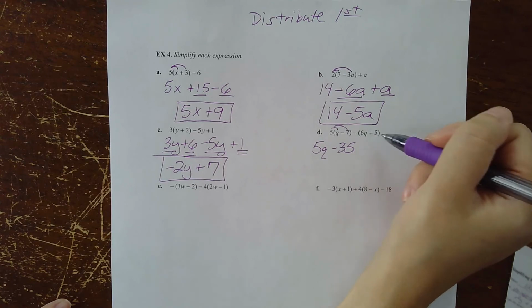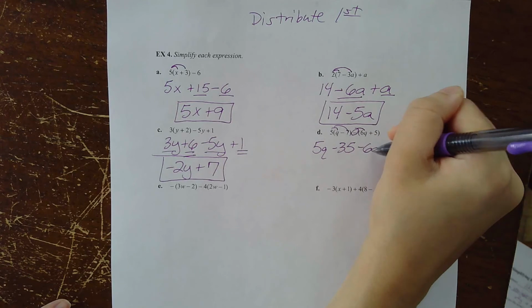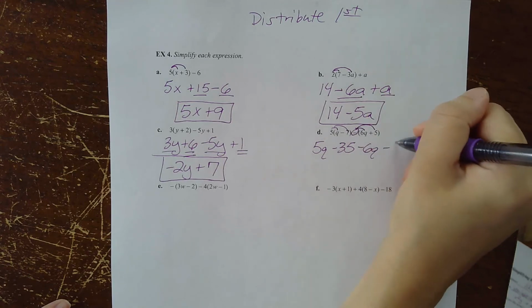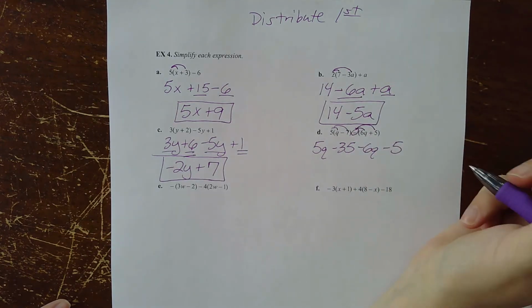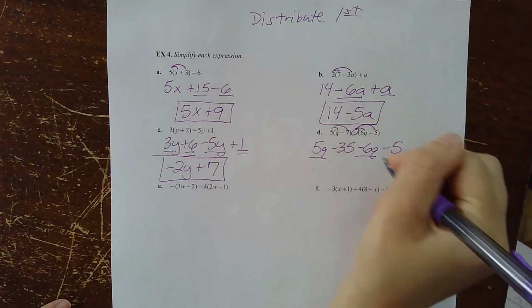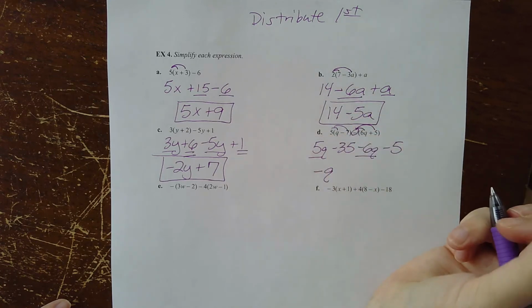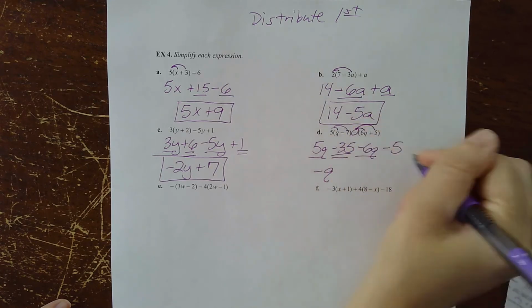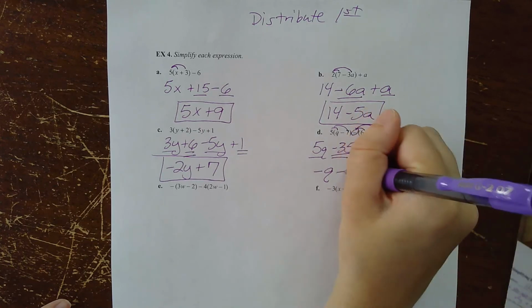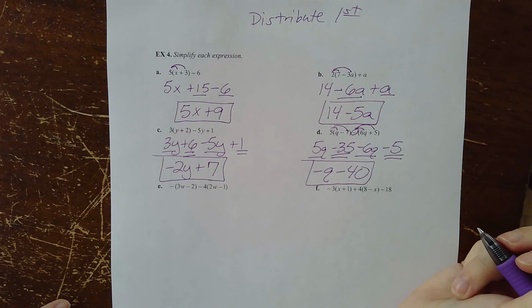So we do need to distribute the subtraction. So that would be minus 6q and minus 5. Now that we've distributed, you can look for like terms. 5q minus 6q would be negative 1q, or just negative q. Negative 35 minus 5 would be minus 40. Okay, so that would be the simplified expression there.